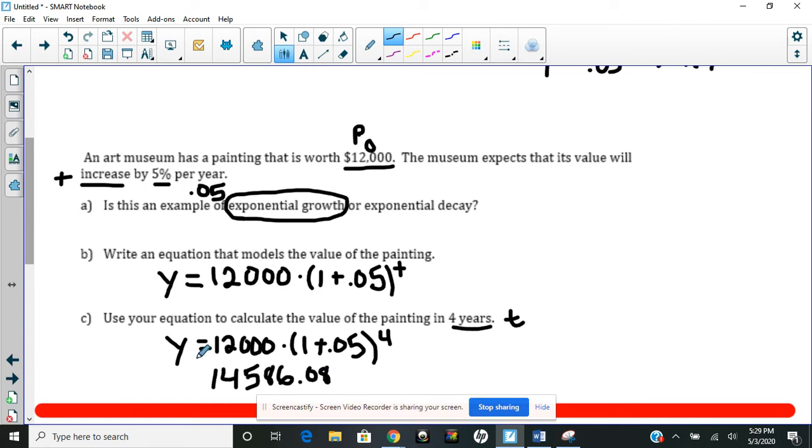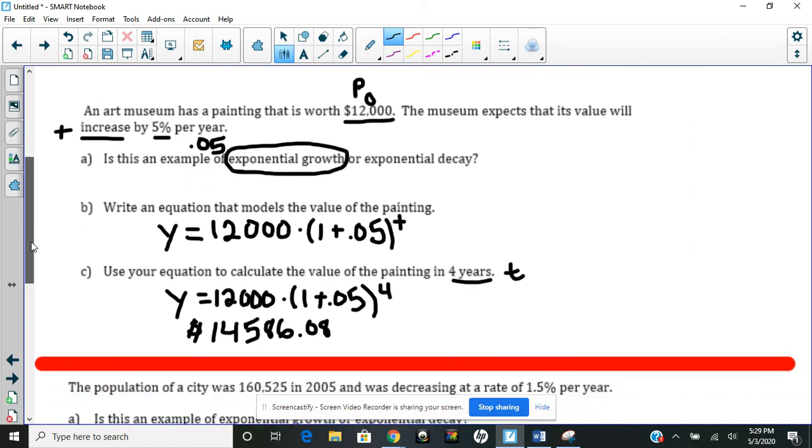I'll put my dollar sign. So that's the answer. That's how much it will be in 4 years. So that was exponential growth.